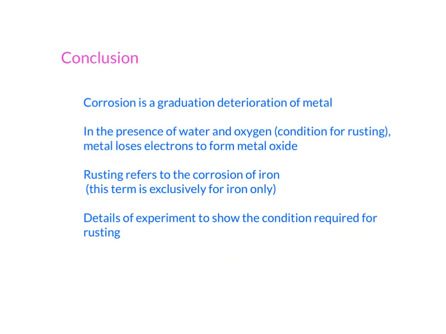So in conclusion, corrosion is a very slow process. It's a gradual deterioration of metals. And also the necessary condition for rusting to occur is the presence of water and oxygen.